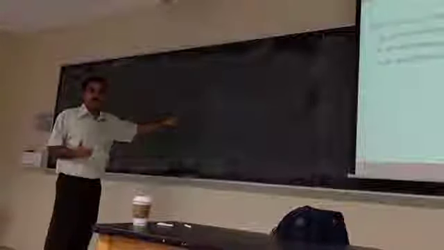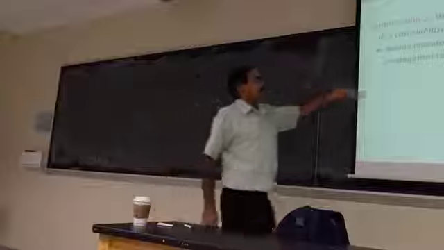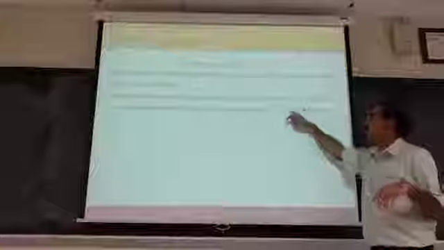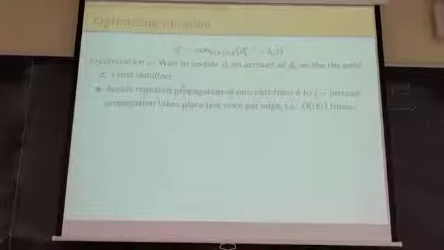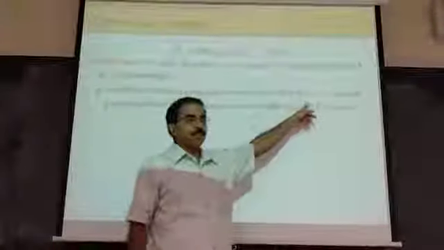So if there are E edges, then I can do the propagation E times. Now, of course, I haven't said how long it takes, because there may be some computation I have to perform to figure out that the cost of V has stabilized. So it's not that the total cost is O of E.